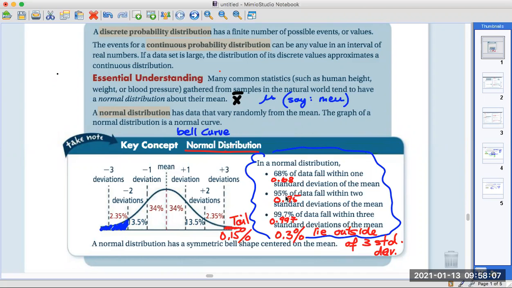So I'm looking, 95% of data fall within 2 standard deviations. So that would be this side of the tail. Now we want the opposite side. So you have to think kind of the opposite. If 95% of the data fall in this area that I'm circling here, then 5% must fall in the tails.